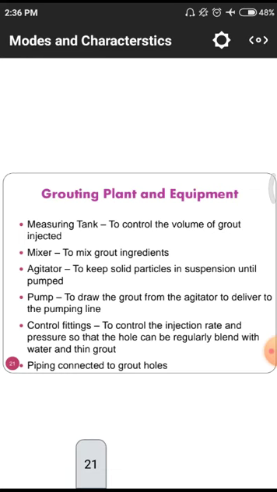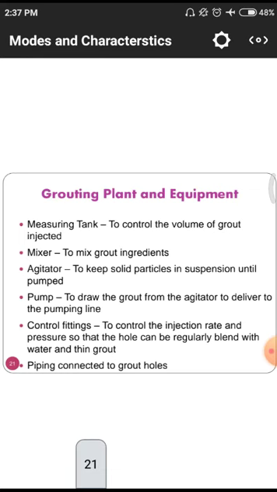Due to those there may be some bond formations. To control those bond formations they use the agitator. The main purpose is to keep these solid particles in suspension. Suspension means they will float on the top part of the surface, so that there will be no bonding.